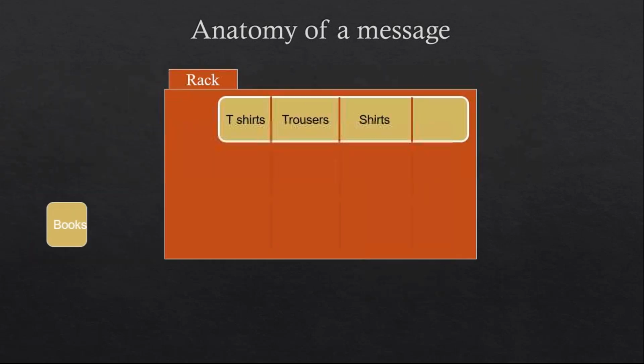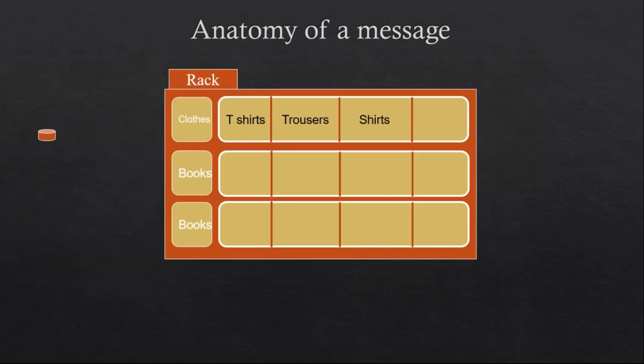There is a rack where in the first rack you are storing clothes, and in the second rack you are storing books, and in the third rack you are also storing books. And within the first rack, in the first compartment, you are storing t-shirts, in the second you are storing trousers, and in the third you are storing shirts. This is a generic example that I chose to help you understand HL7 better.